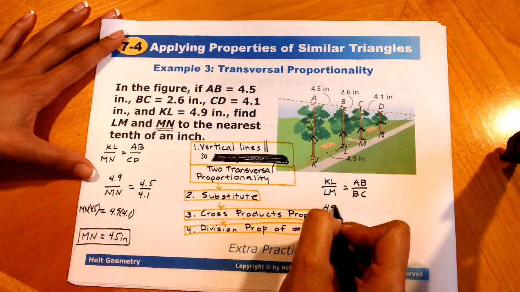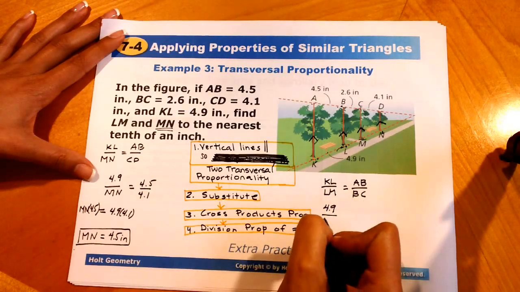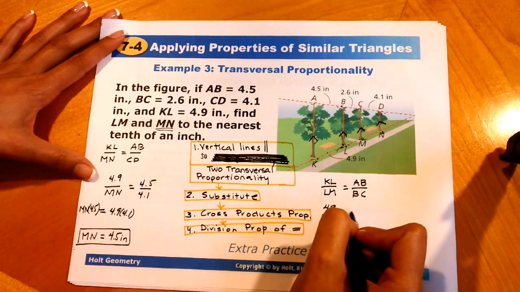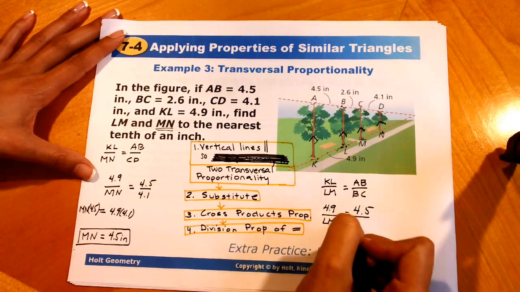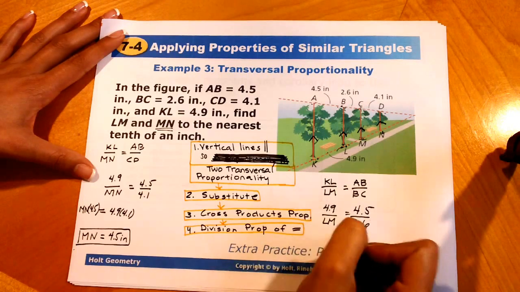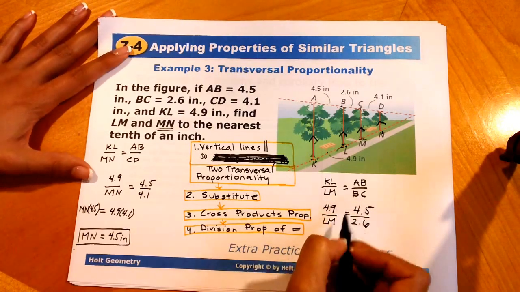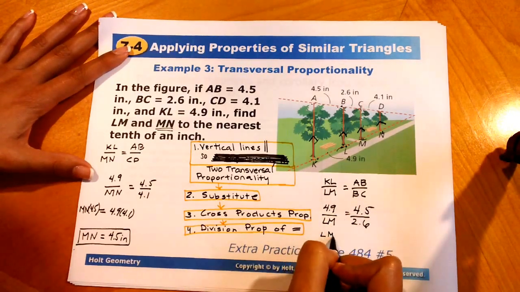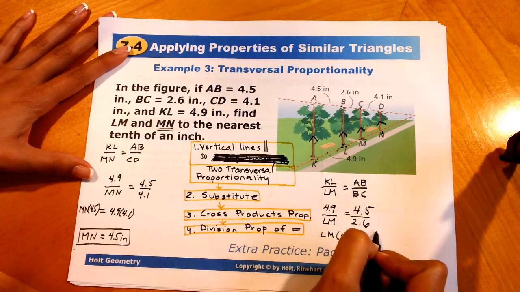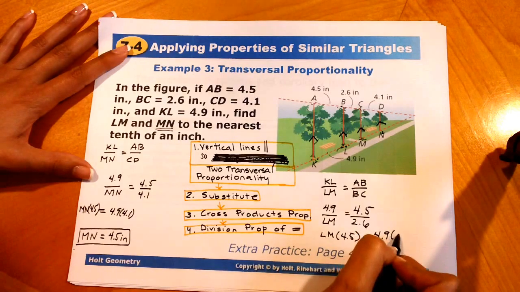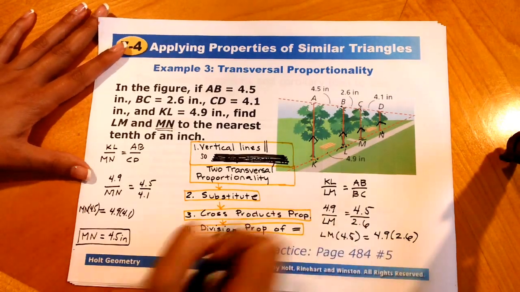I get 4.9 over LM, which is the segment that I'm looking for, equal to 4.5 over 2.6. Using cross products and multiplying, that gives me LM times 4.5 equals 4.9 times 2.6.